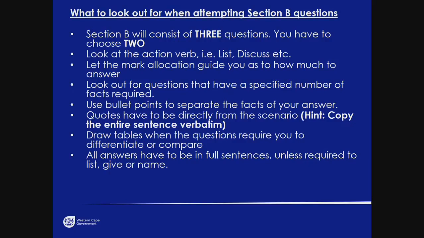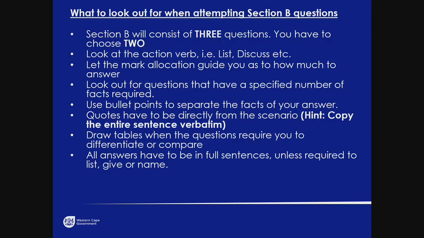If it says 5, we are going to mark the first 5 responses. And if it so happens that the first 2 are wrong and the bottom 3 or so are correct, I'm still only going to mark the first 5, and you will not get the marks for the top 2 anyway because they were wrong. Right. The next one: use bullet points to separate the facts of your answer.